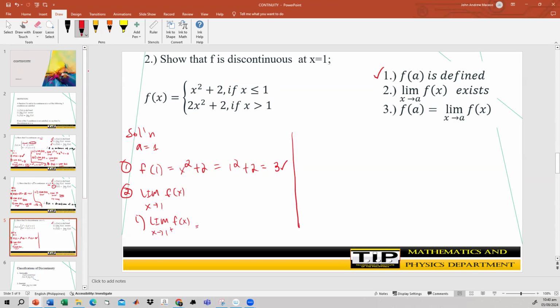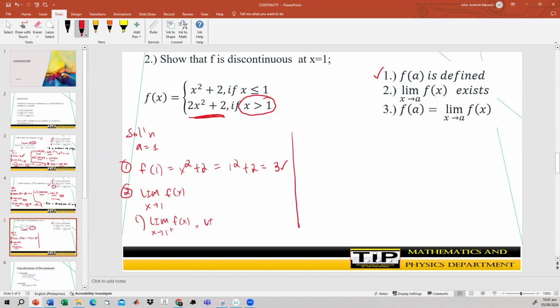So you need to choose between these two functions. Since x is approaching 1 from the right, you will consider x greater than 1, so this is the function we need to use.